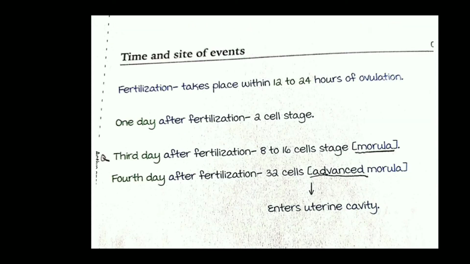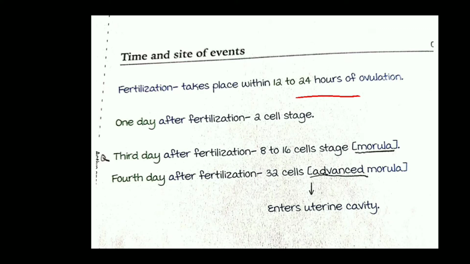Now I'll talk about the time and site of events. This video is about the first week of development. We'll see what happened on the first day, the second day, after fertilization, and we'll look into the site of events. Fertilization takes place within 12 to 24 hours of ovulation, and I guess you saw the first video on gametogenesis.